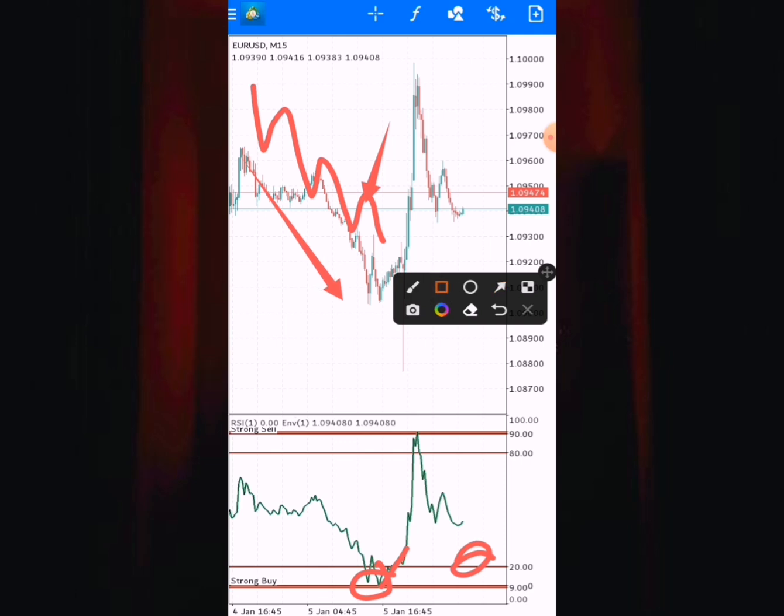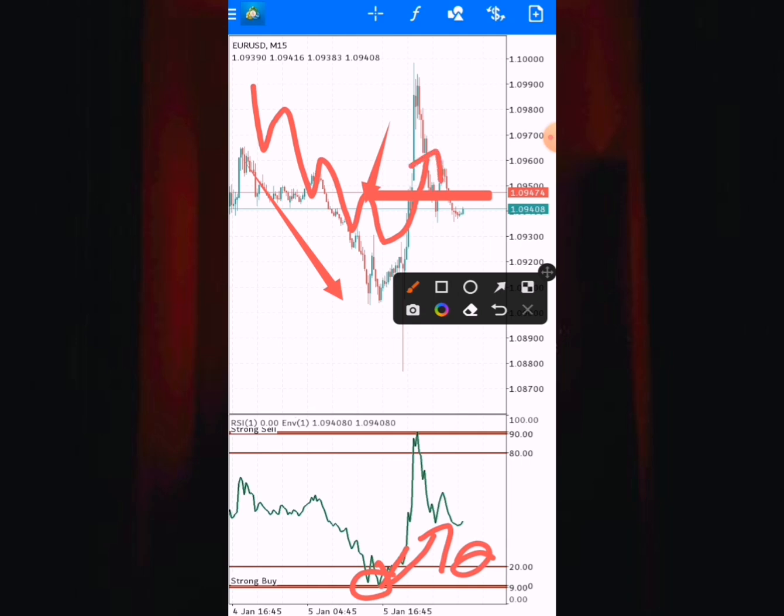Once you note that last turning point, you highlight it, and make sure that while price is moving towards the top, it closes above that last turning point.